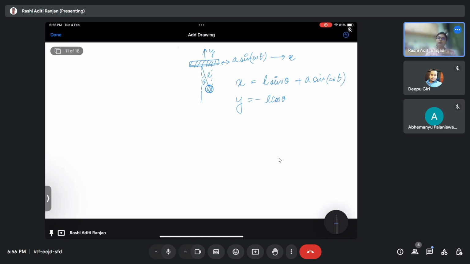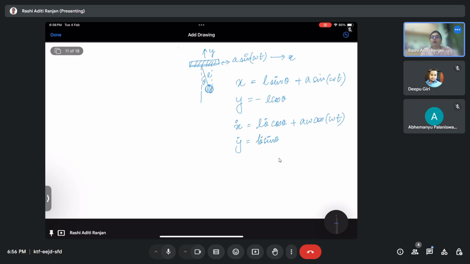Now I can find the velocity by differentiating both with respect to time. My theta is dependent on time and my oscillation is also dependent on time. So what will I get? x dot is L theta dot cos theta plus A omega cos omega t, and y dot is going to be L sine theta theta dot.